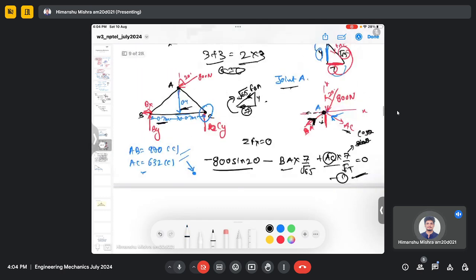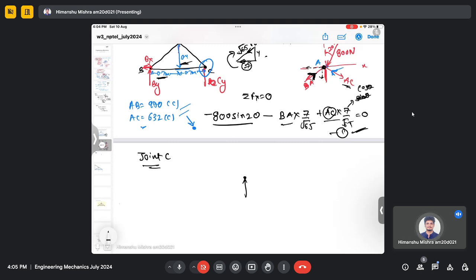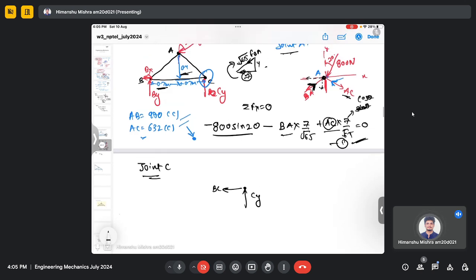So let's consider joint C. Here you have CY, and let's say this is our BC. I'm assuming it in the negative X direction, and your AC is towards the joint.